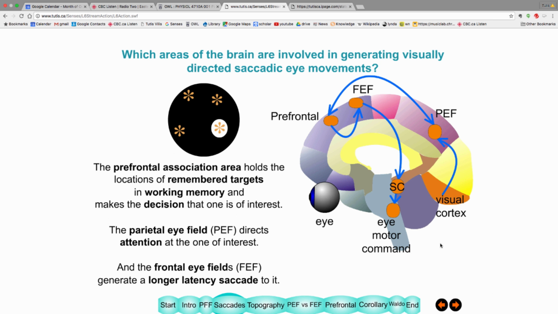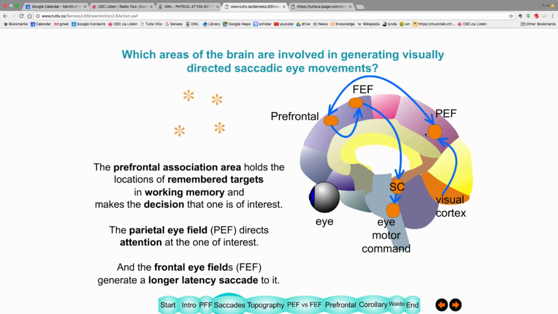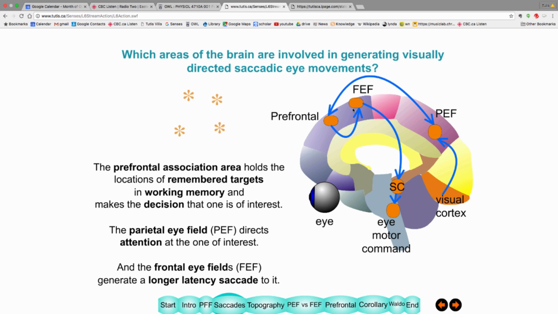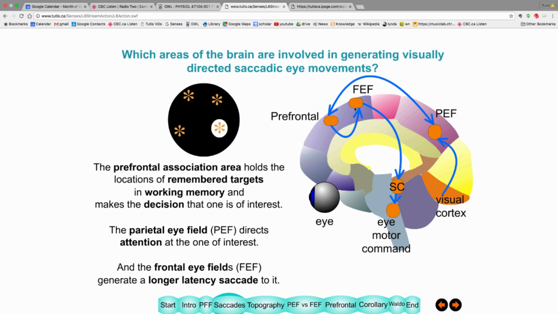Now, there's another pathway that has a longer route, and it goes through to the visual cortex, through this parietal eye field that we spoke earlier about, then to the prefrontal lobe, and then to the frontal eye field, which is a structure similar to the superior colliculus. It too generates eye movement.